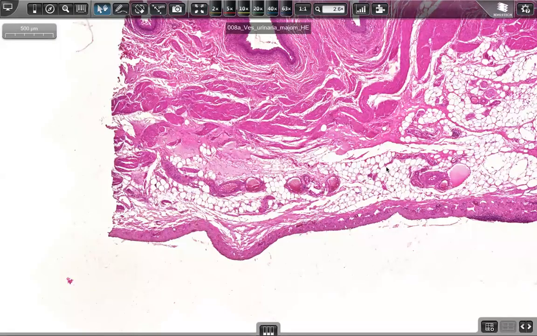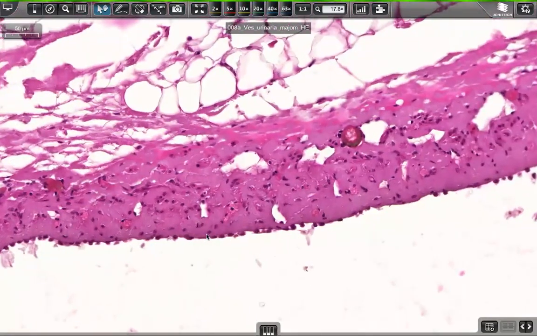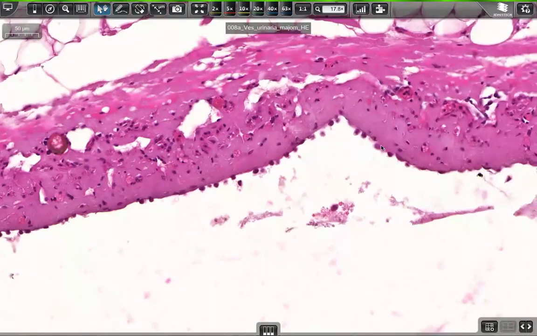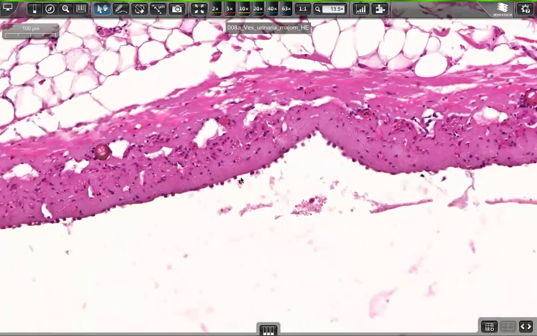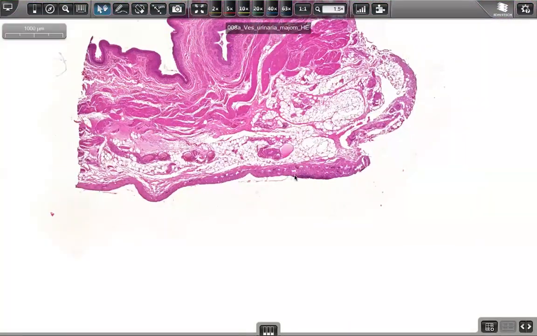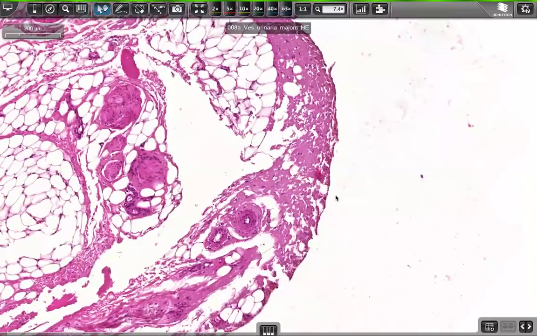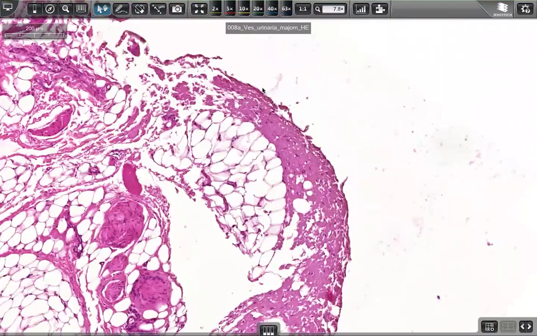white adipose tissue and vessels. And we are checking the top of the bladder. Here we can find some cells. These are mesothelial cells because you know the bladder is infraperitoneal. So some part of the bladder, I think here, we can see the mesothelial covering, or maybe we can.